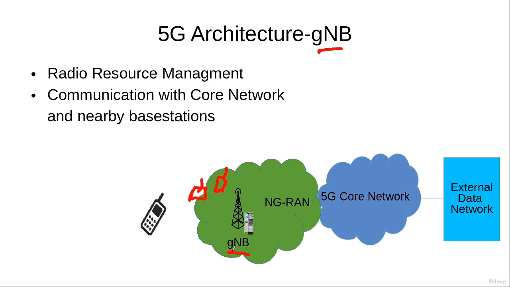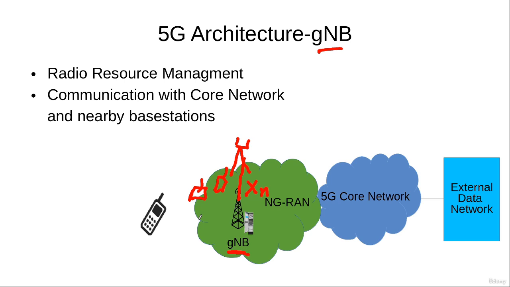Similarly, the gNB is responsible for communication with the core network, and it also communicates with the nearby gNBs. And why is it important? There is a link between two gNBs which is known as the Xn interface.